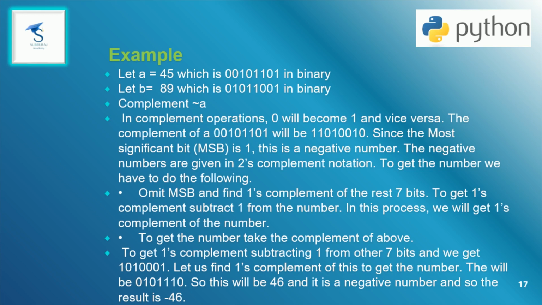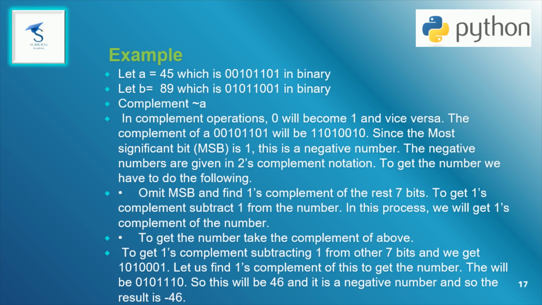Complement. In complement operations, 0 will become 1 and vice versa. The complement of 00101101 will be 11010010. Since the most significant bit, MSB, is 1, this is a negative number. The negative numbers are given in 2's complement notation. To get the actual number, we have to do the following. Omit MSB and find the 1's complement of the rest 7 bits.